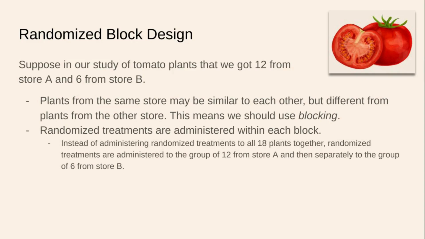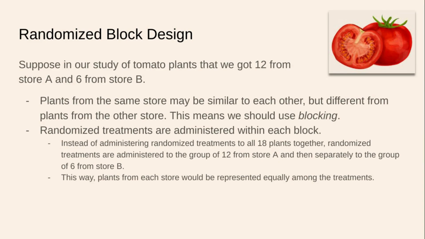Now, what does that mean? Instead of administering randomized treatments to all 18 plants together and risking a disproportionate number of store A plants or store B plants in our treatments and thus messing up our data, randomized treatments are administered to the group of 12 from store A and then separately to the group of 6 from store B. That way, the plants from each store would be represented equally among the treatments.